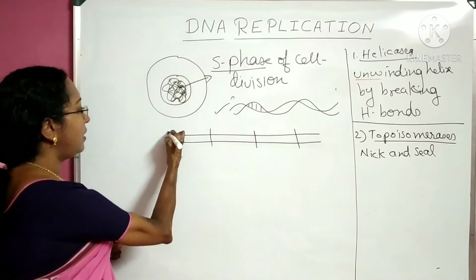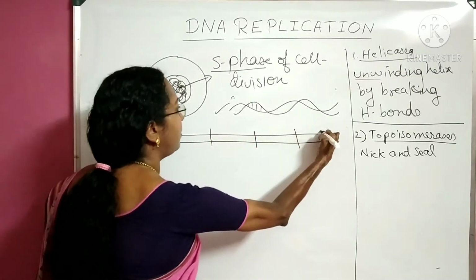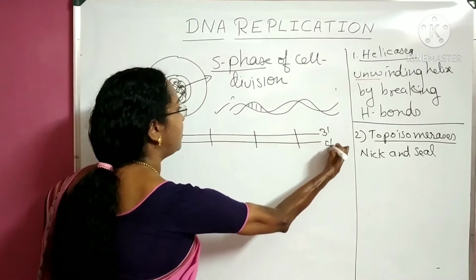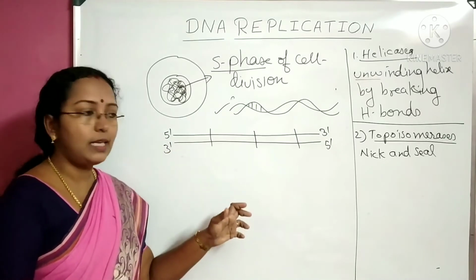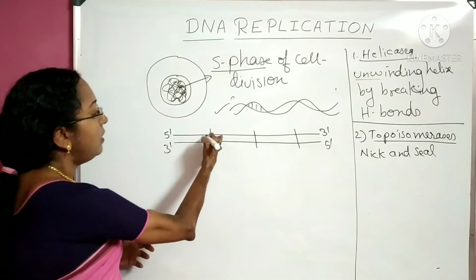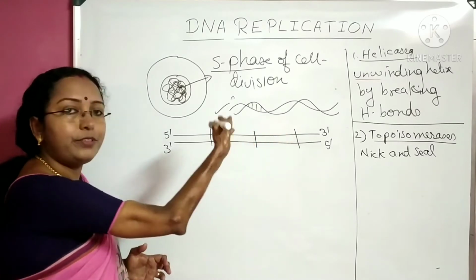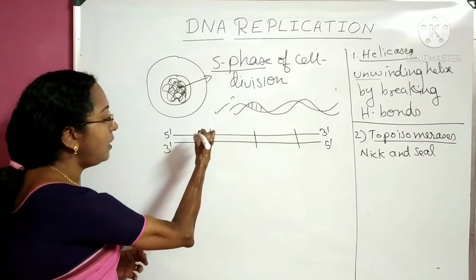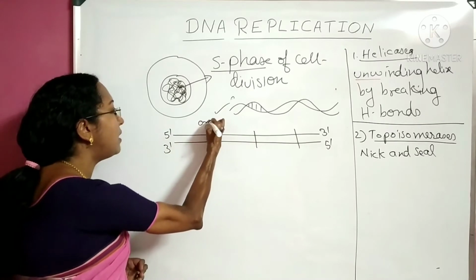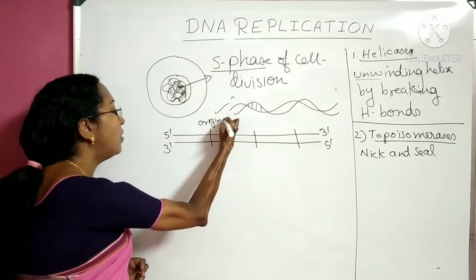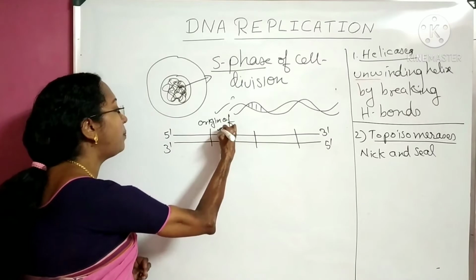This strand is 5 prime and so this will be 3 prime. So this is again going to be 5 prime and 3 prime. Okay, the two strands are like this and DNA replication is beginning at different areas. So the areas where DNA replication begins, you call that site the origin of replication.